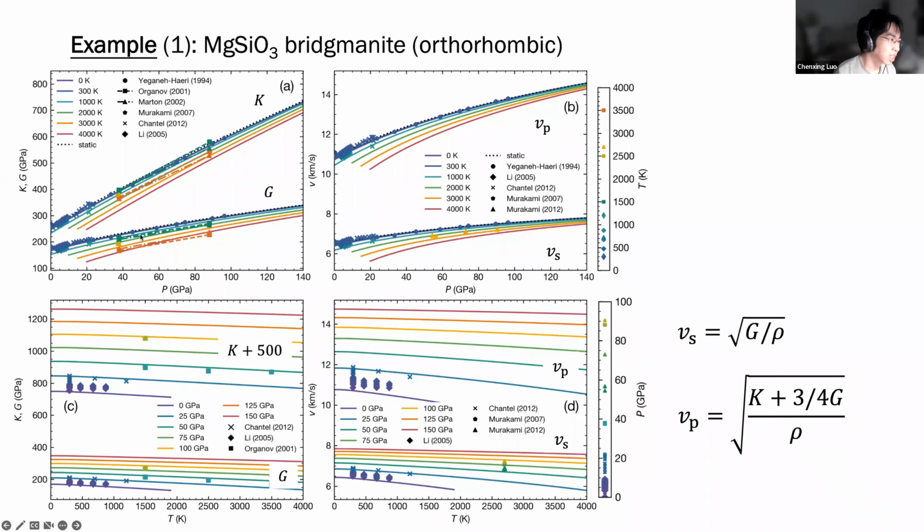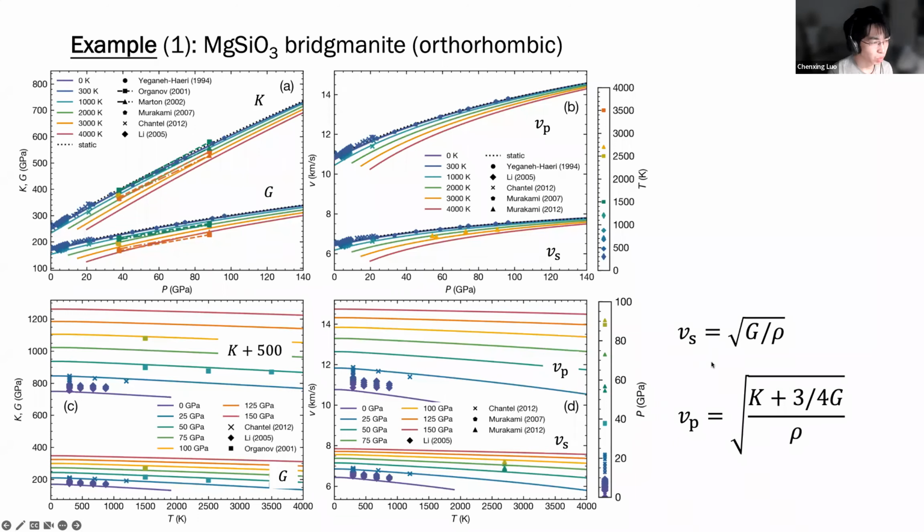So you can see both the temperature dependence and also the elastic coefficients are in quite good agreement with these measurements. And bulk and shear velocities are calculated using this method.